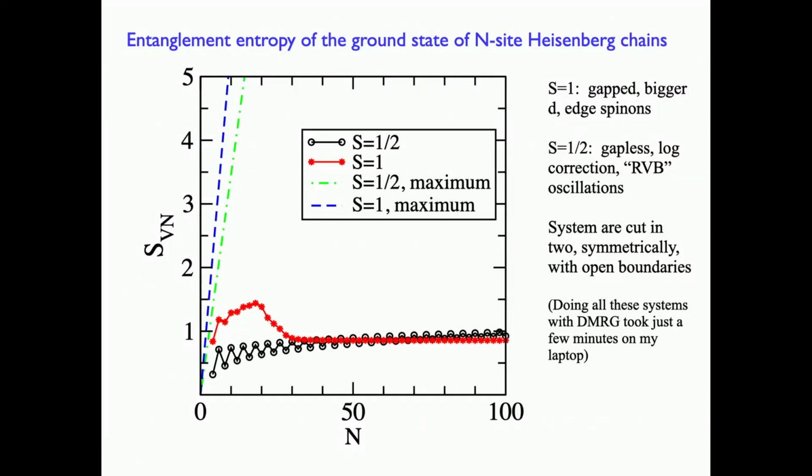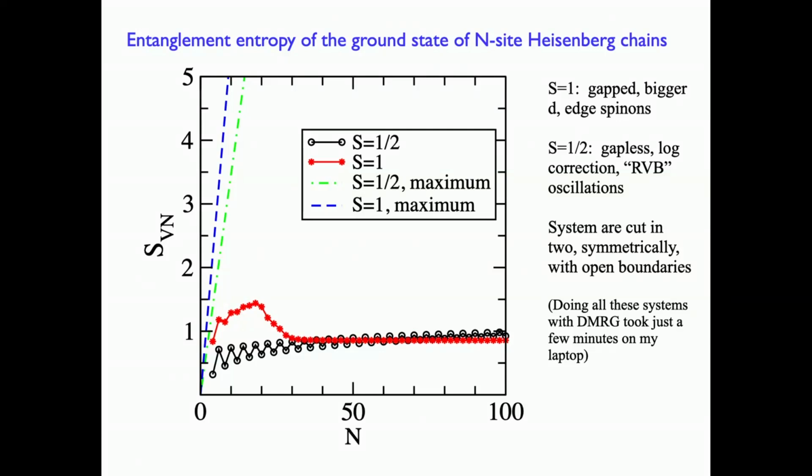These are very interesting systems that have been studied a lot. The maximum that the entanglement entropy could be is shown. So this is a split down the middle, and the maximum is shown by the 2 nearly vertical lines. Okay? And the entanglement entropy is much lower. For the spin 1 chain, the entanglement entropy is not increasing with the system size. So the red dots have gotten flat.